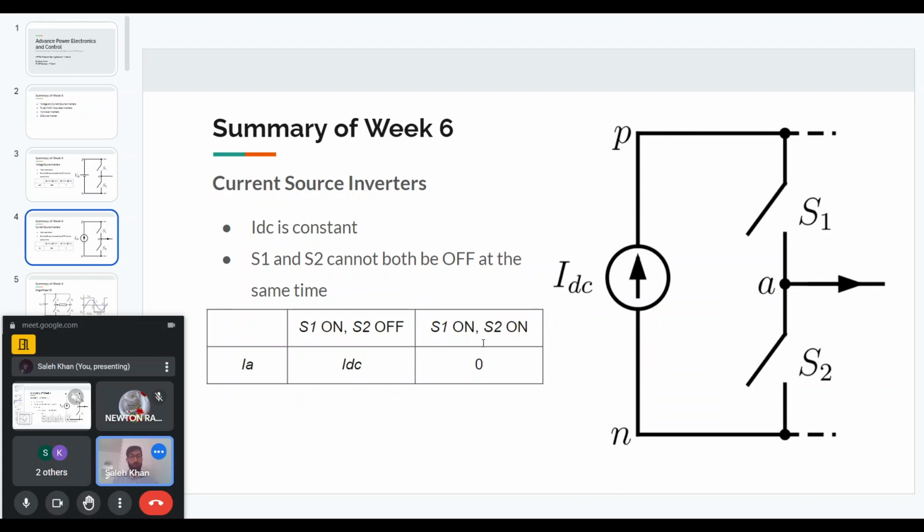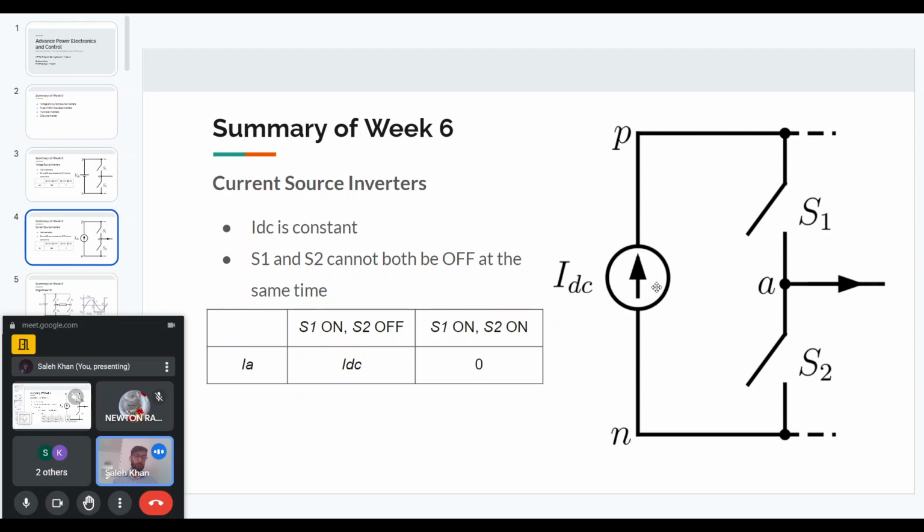Now if S1 is on and S2 is off, then the current IDC will flow through point A and through the output, so we get IDC current at the output. If both are on, the current will just flow through S1 and S2 and back to the source.